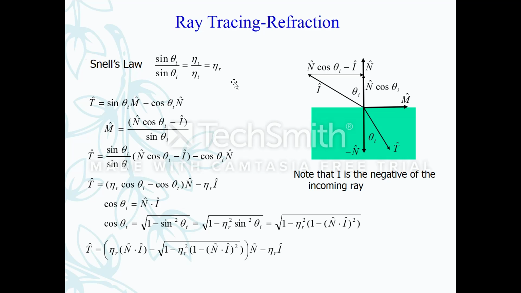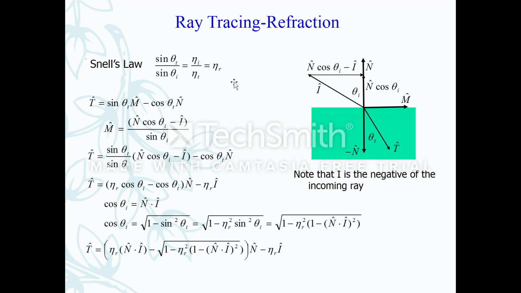Here t equals m sine theta minus n cos theta t. As shown in the figure, we can easily understand that. And m sine theta I equals m sine theta t, m sine theta I plus n cos angle of incidence I equals n cos theta I minus m sine theta I. From that we can calculate what m is.